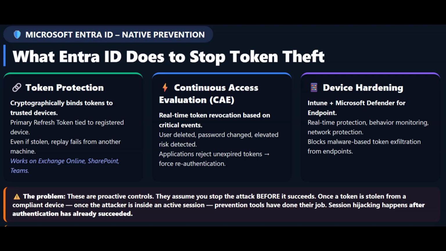When a device is registered with Microsoft Entra, a primary refresh token is issued and bound to that device. Even if an attacker steals the token, they cannot replay it from a different machine because the cryptographic binding would fail. Token protection can be enforced on Exchange Online, SharePoint Online, and Teams resources, though it does have specific requirements around supported devices and applications.